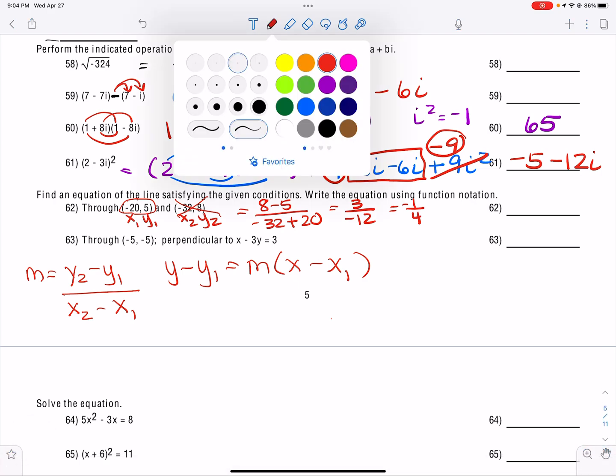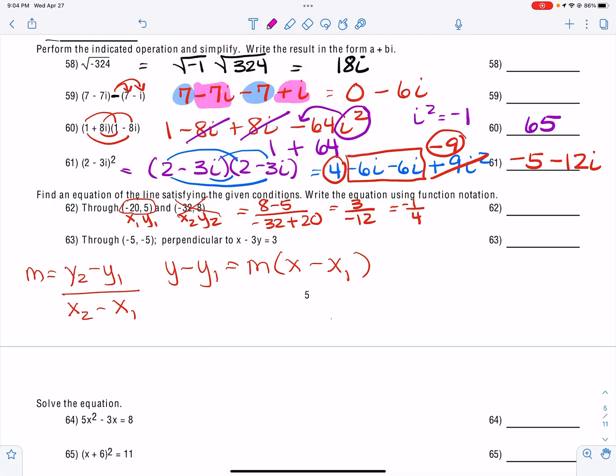And I'm going to replace my slope, which is negative 1/4. The y stays there. I am going to subtract the y from that point, which is 5, put parentheses, x minus a negative 20, which becomes plus.